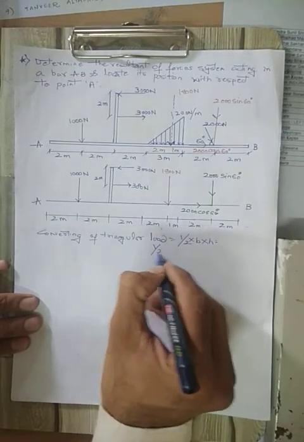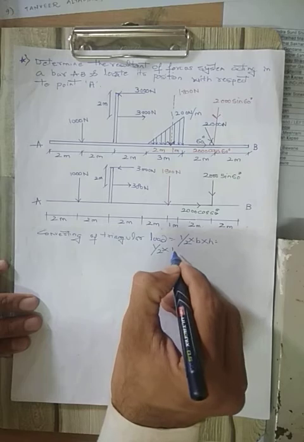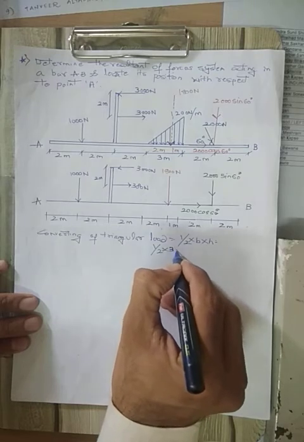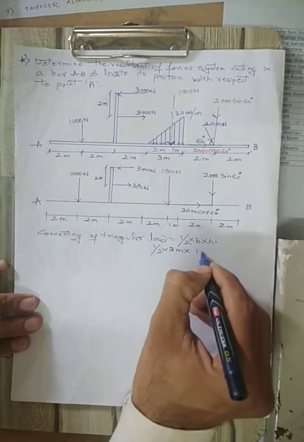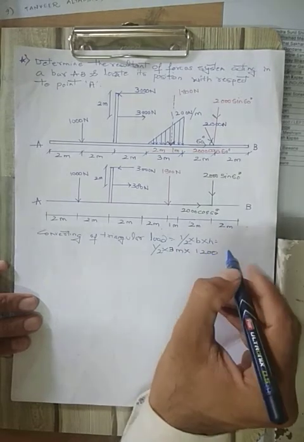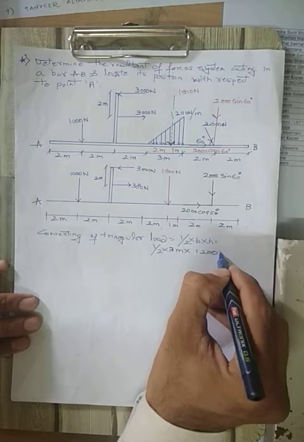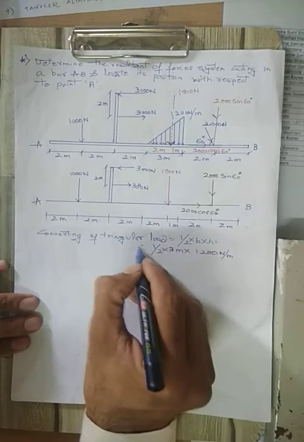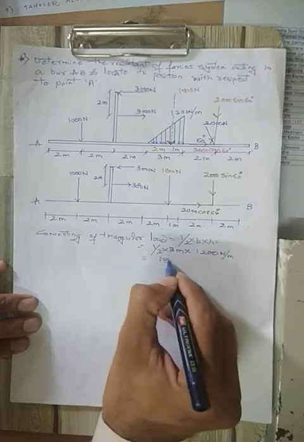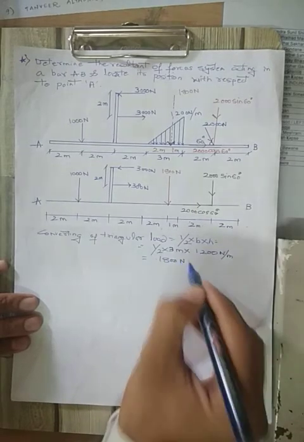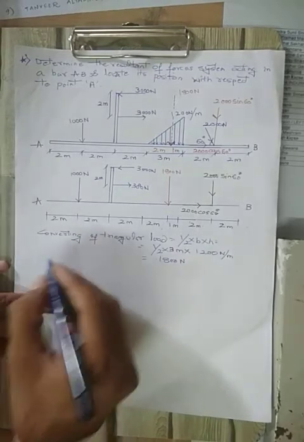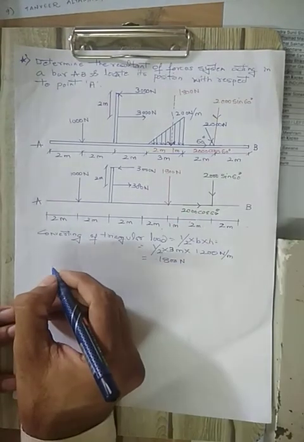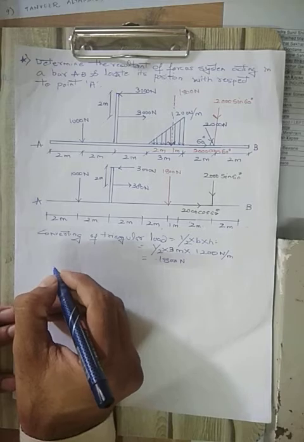So half into base, which is 3 meters, and height, which is 1200 newton per meter. The meter gets cancelled, so its intensity comes to 1800 newtons. Distances we have calculated: 2/3 of length and 1/3 of length.